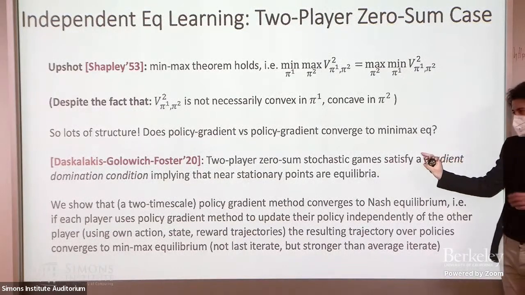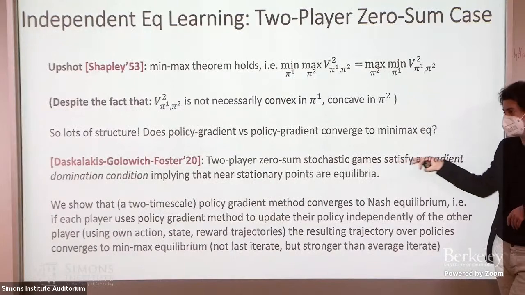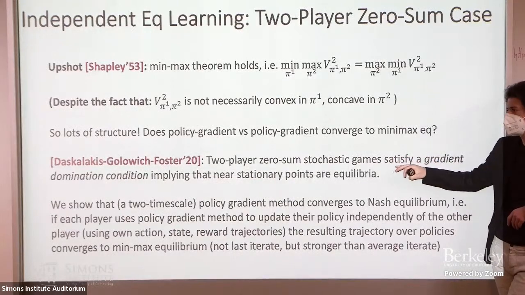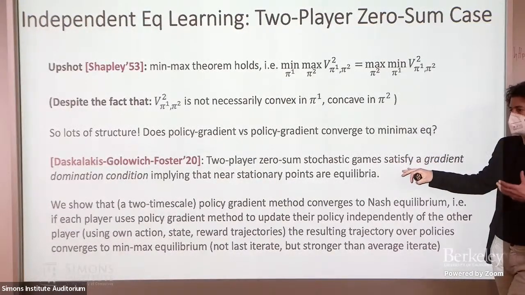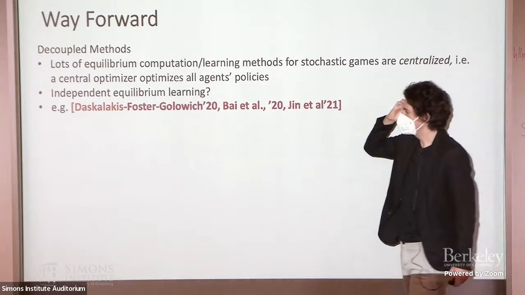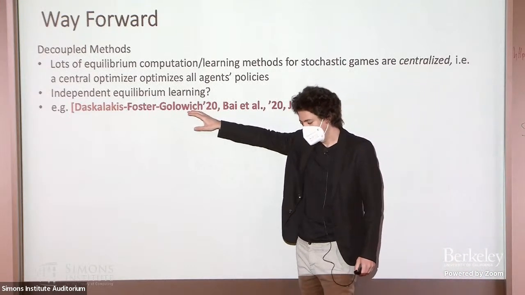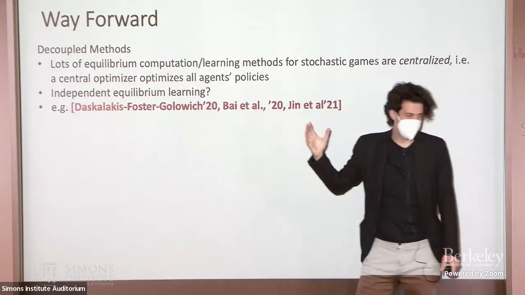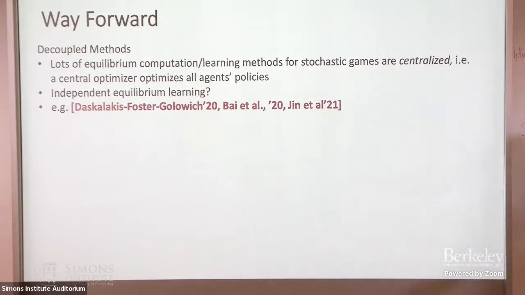It's not a convex problem, but you have a lot of extra structure, and it arises in the form of a gradient domination condition. Besides our work, there is other work that exploits that, that does not analyze policy gradients, but analyzes other learning methods. And this is a little bit of a recent theme on that front.